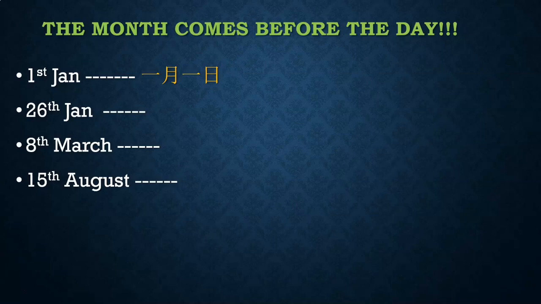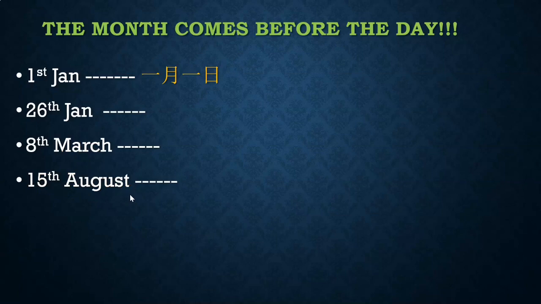So say for example here we have 1st of January, okay, and the answer for that is 1月1日, the character 1, month, and then 1 and day, right? And now let's see if we can work out how we can write the 26th of January, the 8th of March, and the 15th of August.